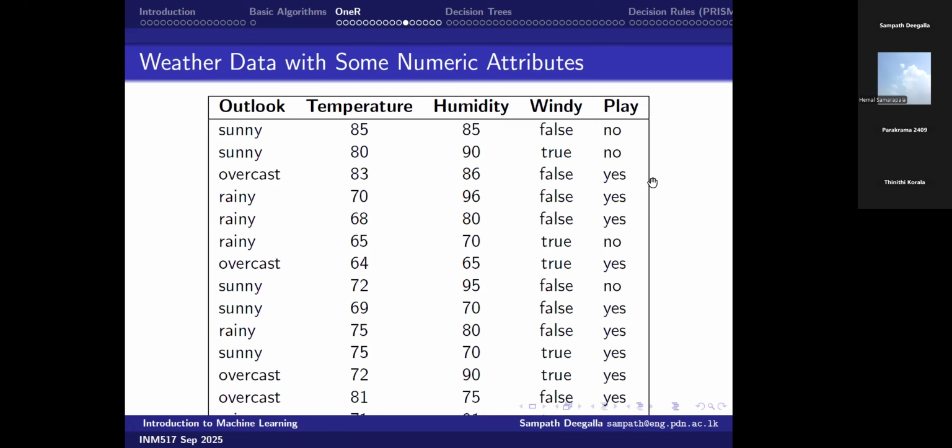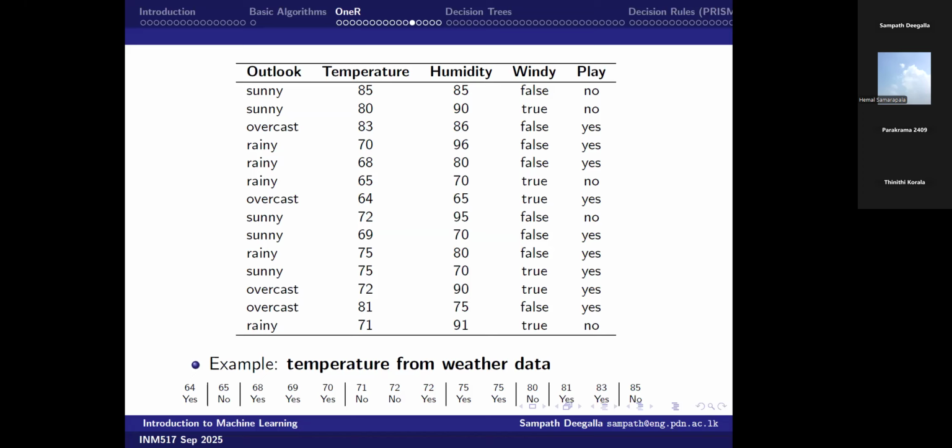Right. Now let's look at this new data set. Okay, there's a small issue here. Part of the data is not available. Right. Now, I will take one attribute and you are going to work with the next attribute.